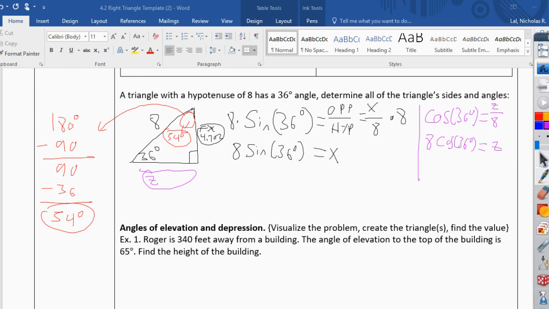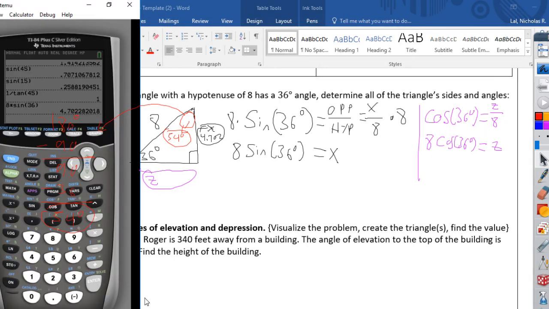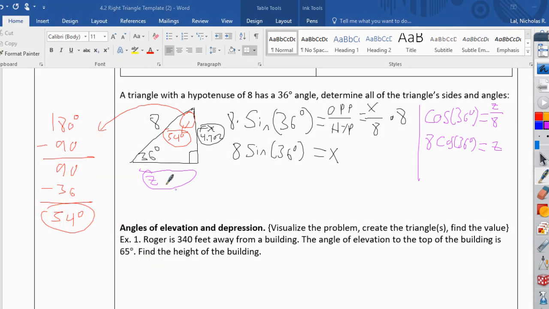Then you just take your calculator. 8 times the cosine of 36 is 6.47. So z is equal to 6.47. So now we have all the side lengths and all of the angles of the right triangle, only given one angle and the length of the hypotenuse. Without trig, you wouldn't have been able to find that.